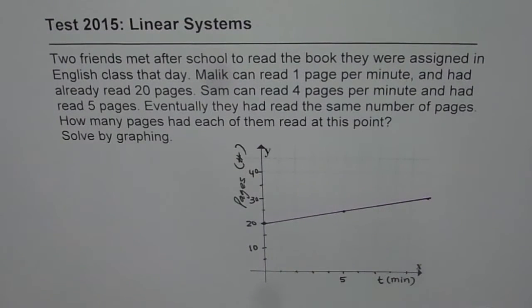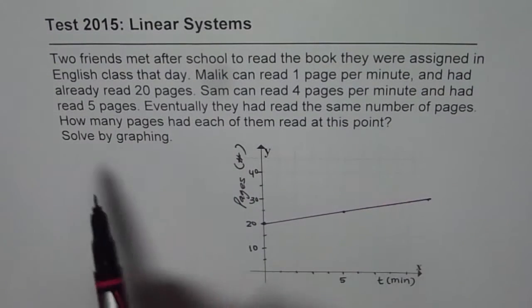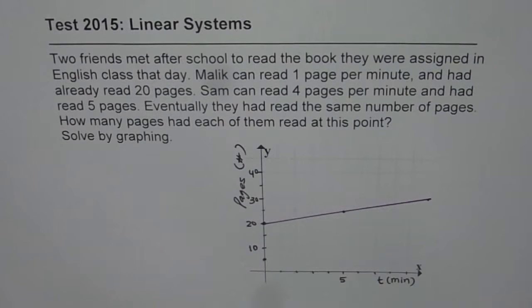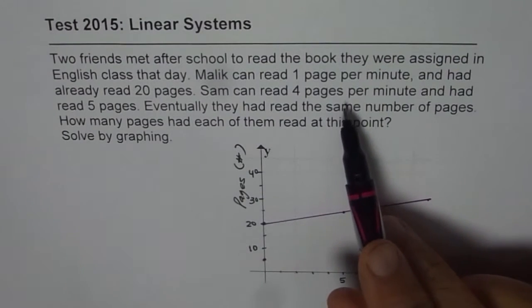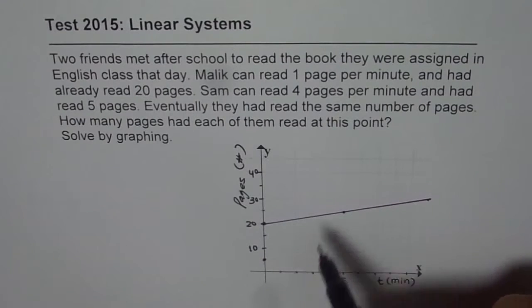Now let's see how many pages Sam is reading. Sam can read 4 pages per minute and had read 5 pages. So the starting point is 5 and can read 4 pages per minute. Now since we have taken multiples of 5, the common multiple between Sam's reading rate, which is 4, and the scale of 5 should be 20 in how many minutes?